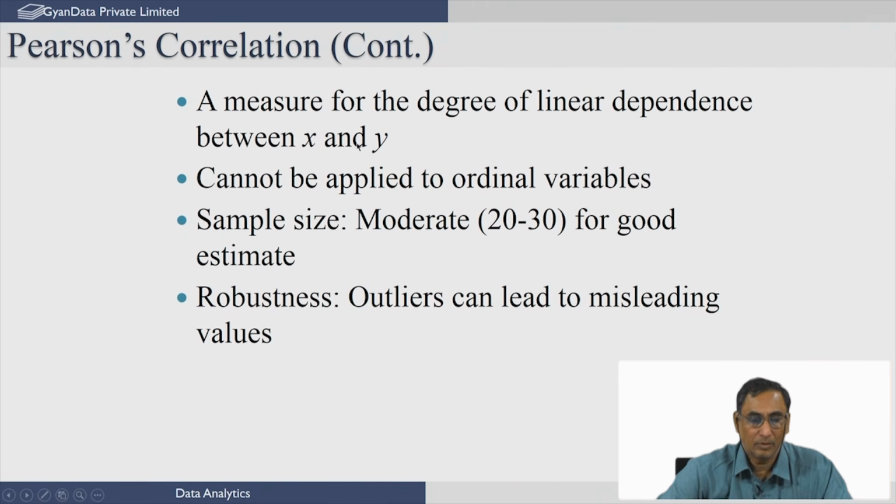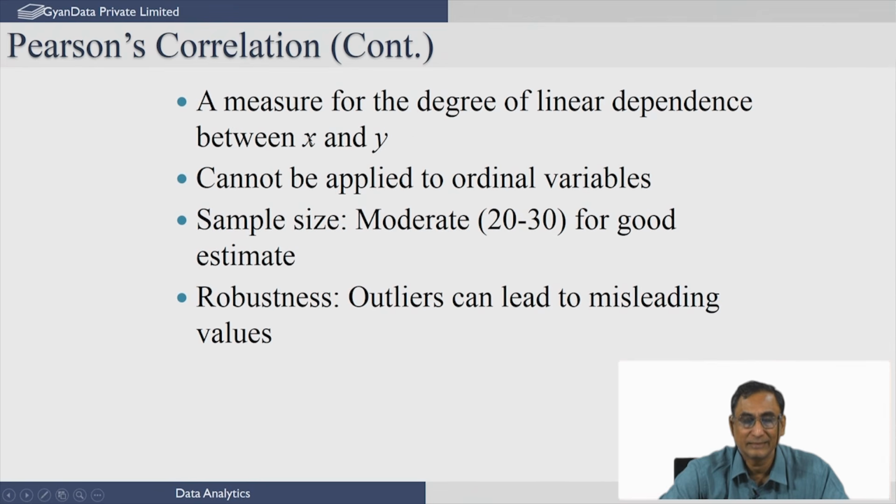Pearson's correlation is useful to indicate whether there is a linear dependency between x and y. For example, if y is a linear function of x, then the Pearson's correlation coefficient will turn out to be either close to +1 or close to -1.